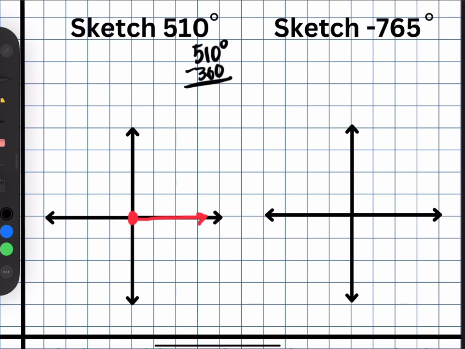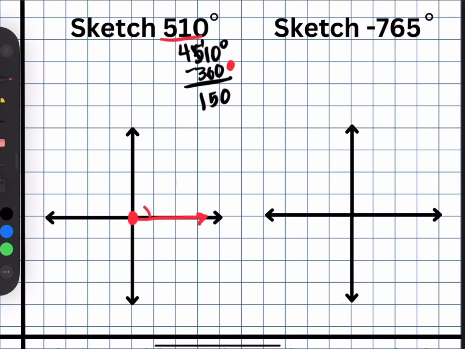So instead of subtracting 90, I can subtract 360. And after doing a little bit of math here, I'm going to get 150 left over, but we'll do that next. So the first thing I can graph is positive 360 degrees, because this is a positive angle.